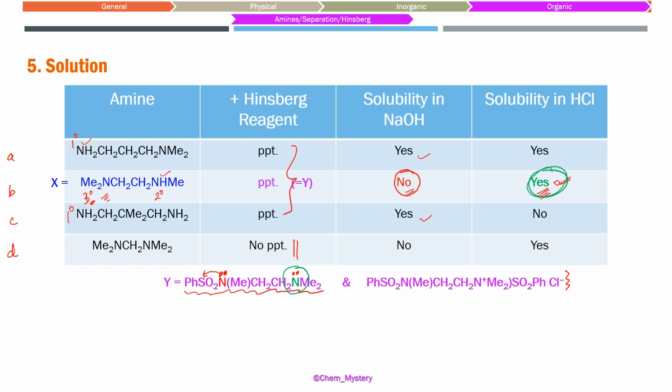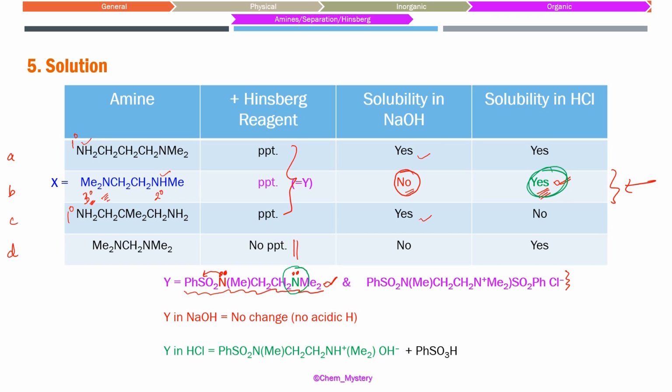Now we'll see what is happening to Y in sodium hydroxide. There's no change happening because there's no acidic hydrogen available. And then when we put this in HCl, this NHMe part is going to interact with the water molecule, and this is going to produce this thing.